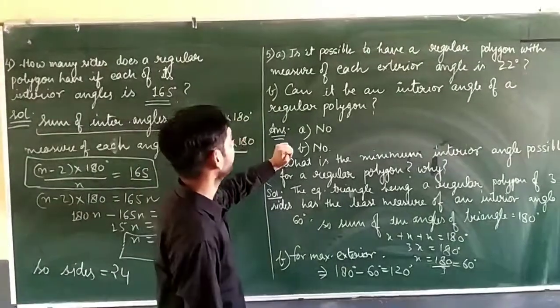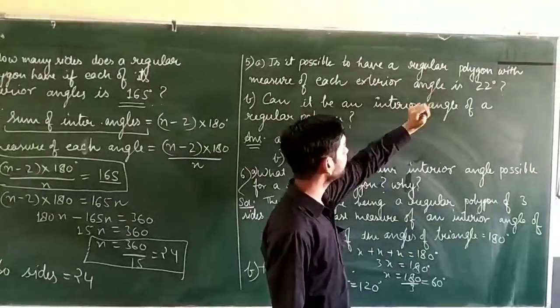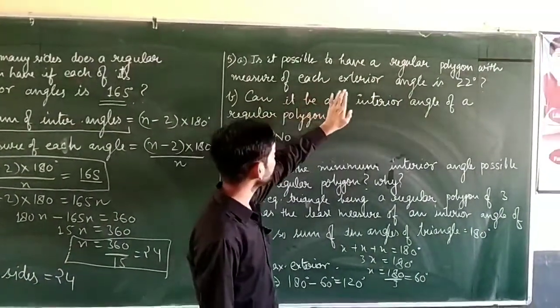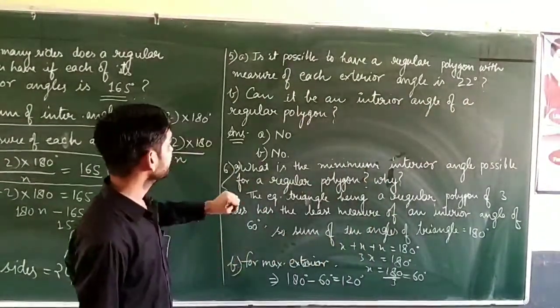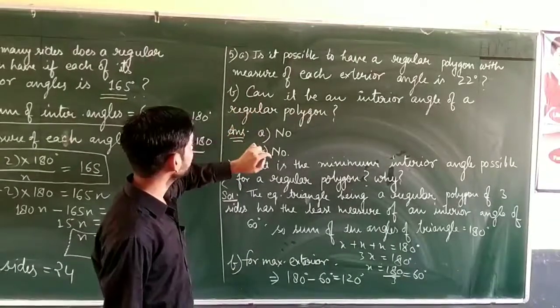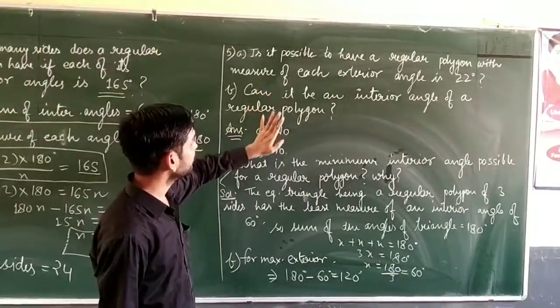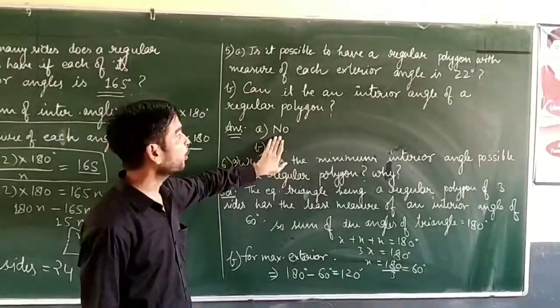Let's see question number 5. Is it possible to have a regular polygon where the measure of each exterior angle is 22 degrees? Students, the A part: is it possible? The answer is no. Why?